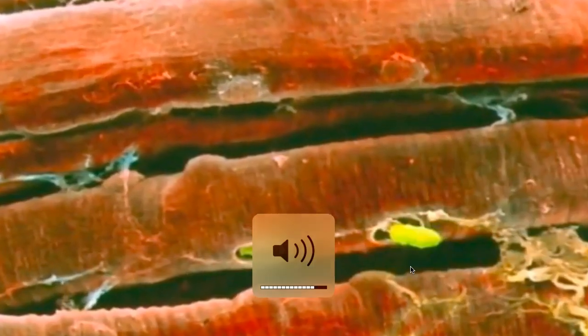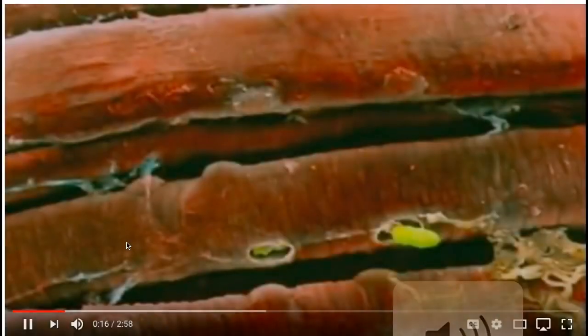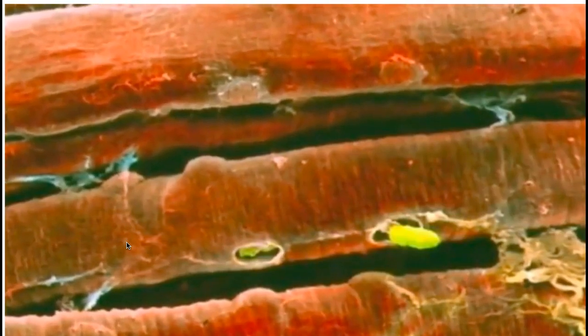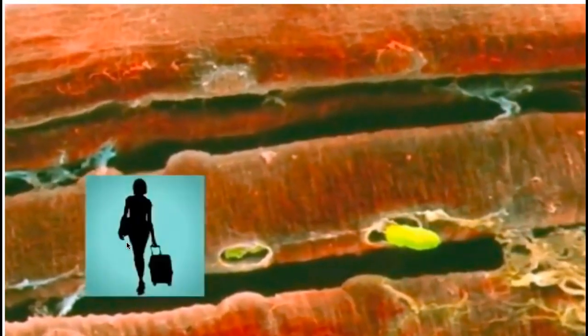We move our bodies by contracting skeletal muscle. We move our bodies by contracting skeletal muscle. While the results of this action are plain to see, the mechanism behind the action is not.